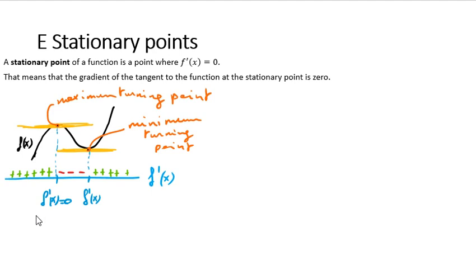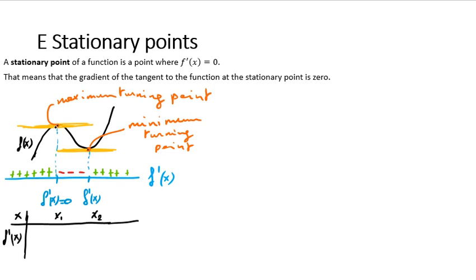So when we create a sign table here, for some x values, here we have the derivative of the function. And we have, for example, the maximum turning point at x1 and a minimum turning point at x2.